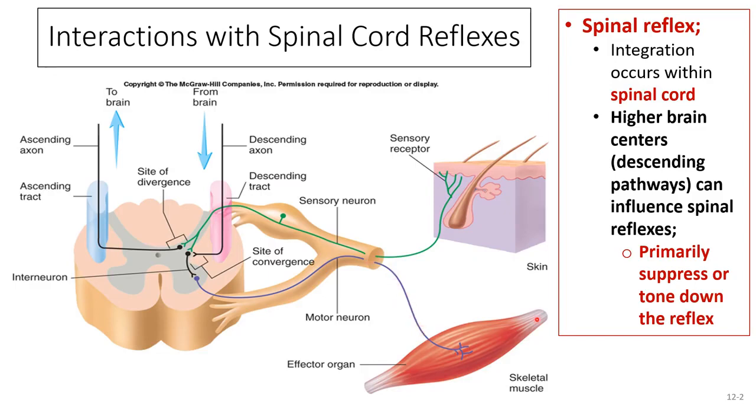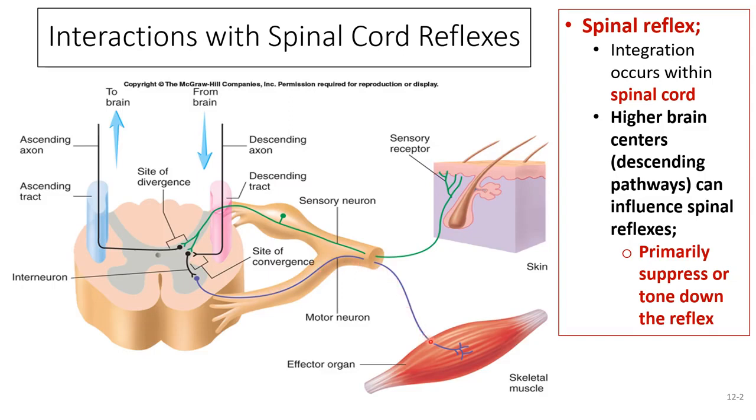Primarily, it influences those motor efferents to suppress or tone down the reflex, to make this reflex more controlled. So the spinal reflex is going to occur. It doesn't need the brain to do this arc, but the brain does influence this motor efferent reaction, and primarily what it does is it tones it down.